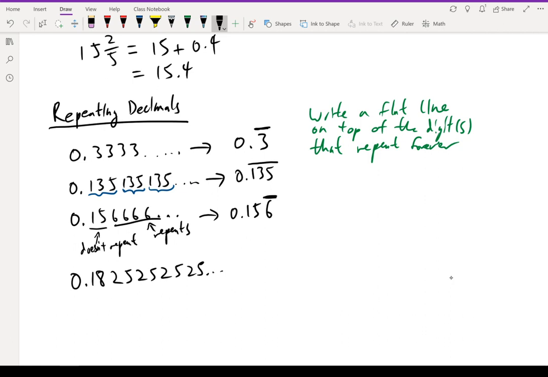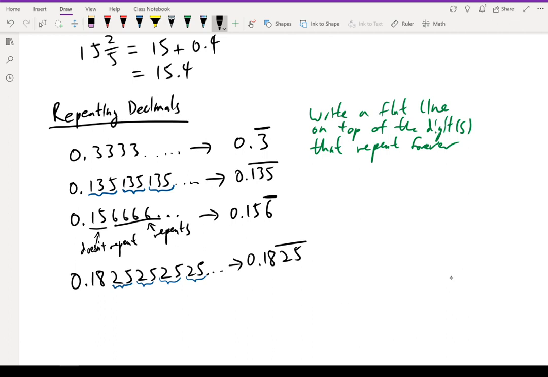Well, the first part doesn't repeat, the 1 8 doesn't repeat, and then the 2 5 2 5 2 5 keeps on repeating, and so on. And so we would write this as 0.18, and then I can write the 2 5 with a line on top of only the 2 5, the digits that repeat itself. So that's how we write repeating decimals.